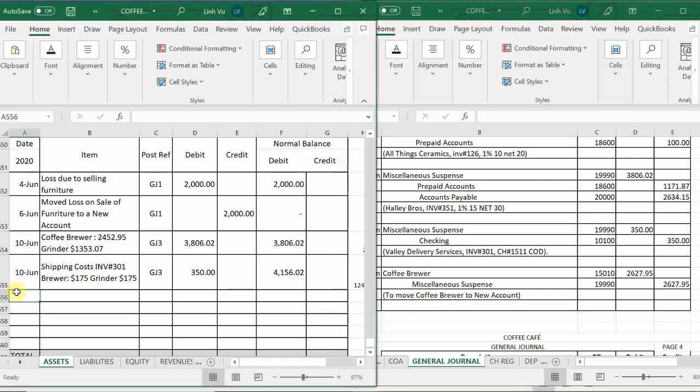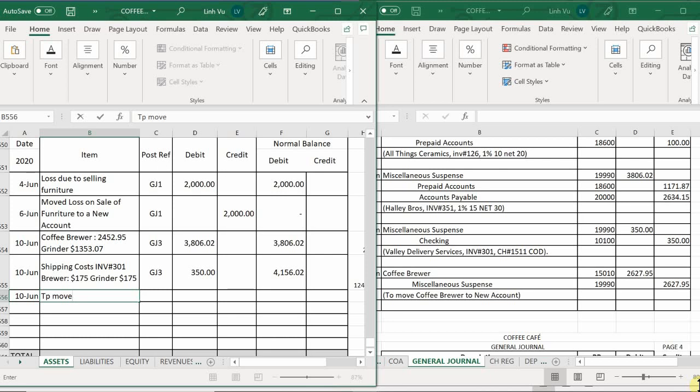Sorry, I wasn't paying attention for a second. We finished the journal. Now I'm in the miscellaneous expense ledger account. Since I'm already here, might as well just go ahead and take it out.